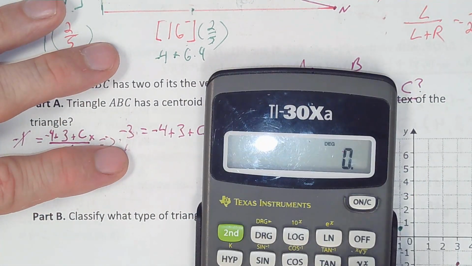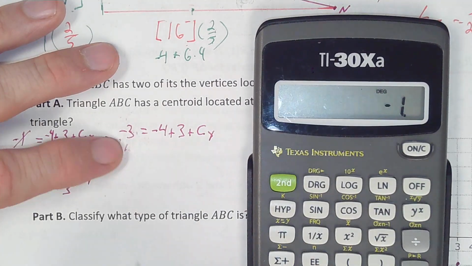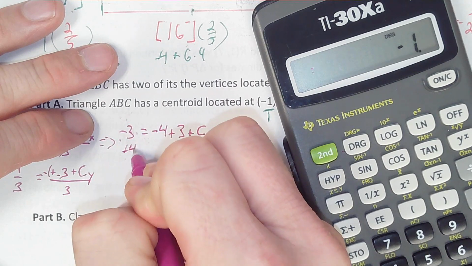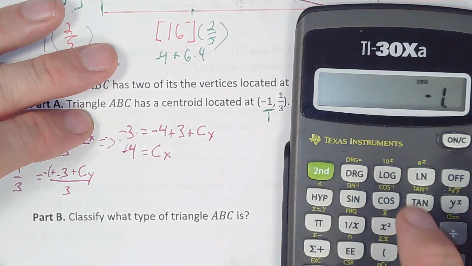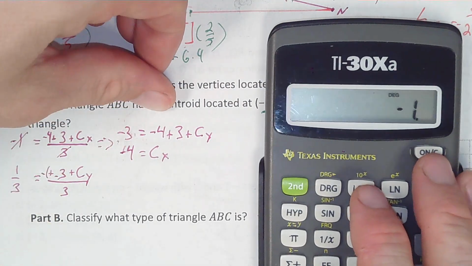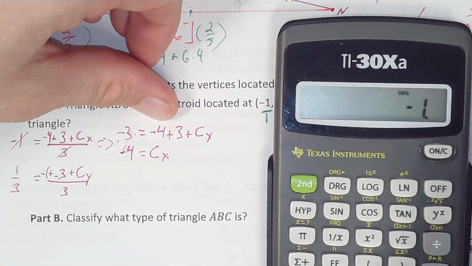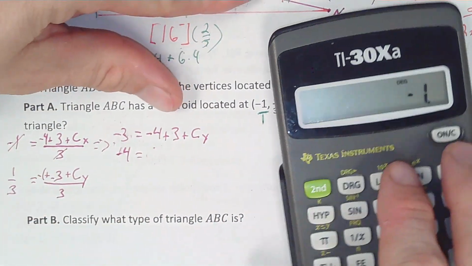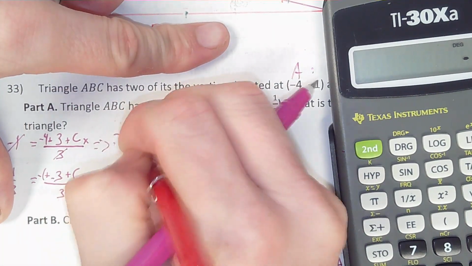So -4 plus 3 equals -1. That's going to be -4. So -4 equals X. Right? So I believe so. So I mean, I'm getting tired. All right, I'm just going to write it out. I'm going to just write it out. Do it in 2 steps.